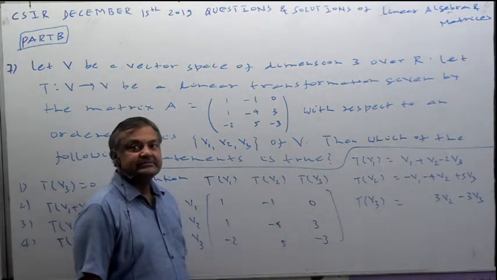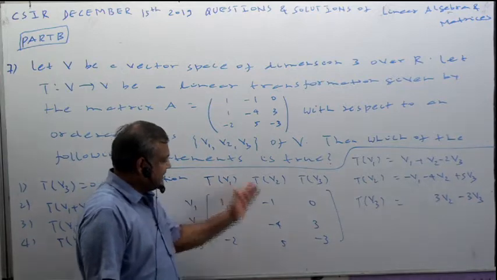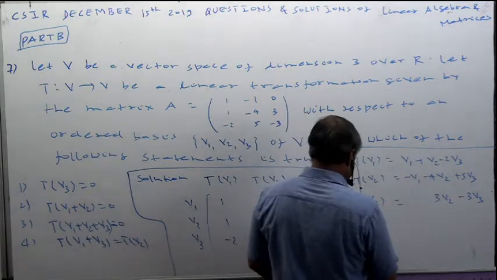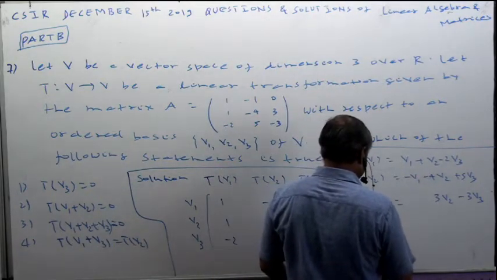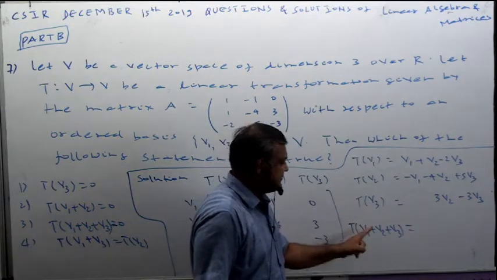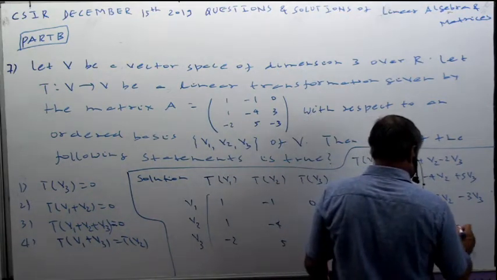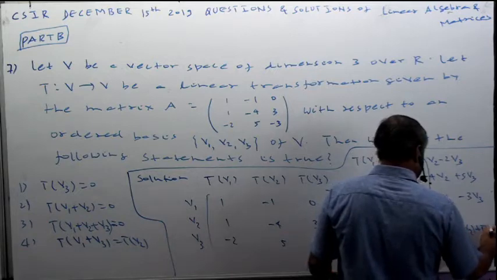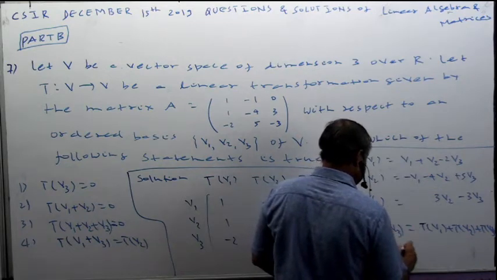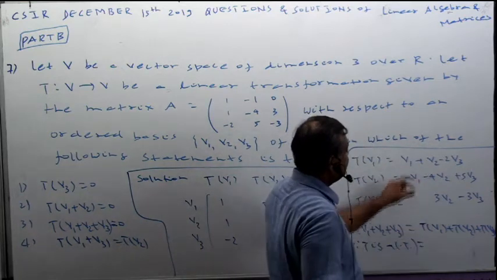But a person who is very efficient in calculation can say that the sum of these three is equal to 0. After writing, you can see that T of V1 plus V2 plus V3, as T is a linear transformation, will be T V1 plus T V2 plus T V3. But what is their sum? 0, 0, 0.